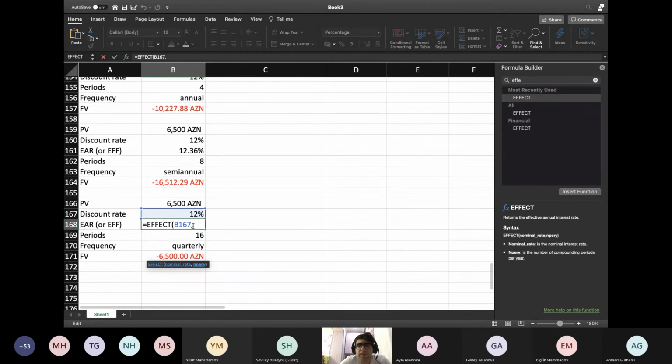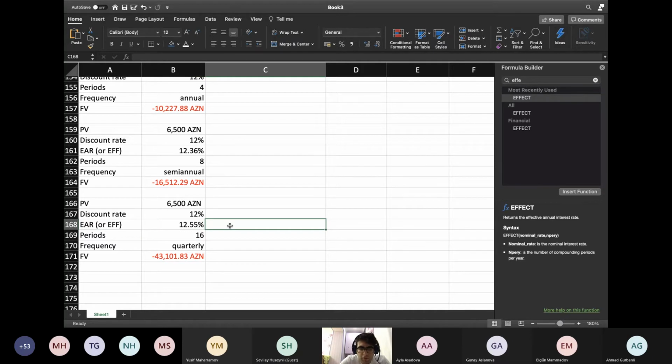If it is quarterly, it means there are 4 periods per year. Type 4. And for the sake of correctness, let's calculate manually too: 1 plus interest rate divided by 4, to the power of 4, minus 1. The same result, 12.55.